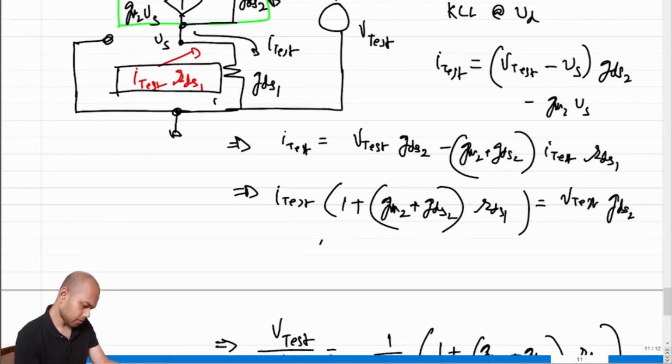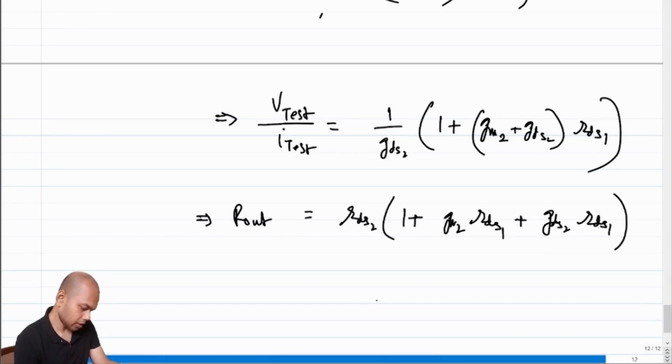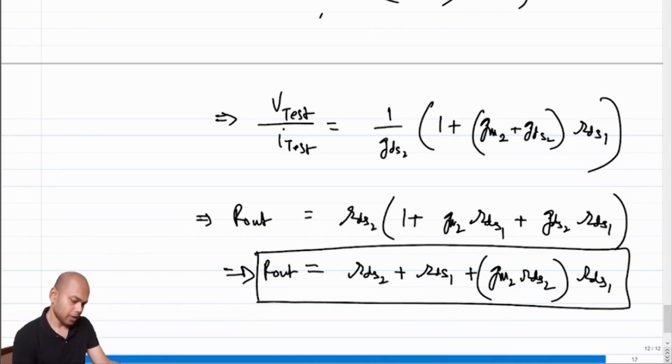So this becomes RDS2 times 1 plus GM2 RDS1 plus GDS2 times RDS1, and if I remove the bracket, we get RDS2 plus RDS1 plus GM2 RDS2 times RDS1.